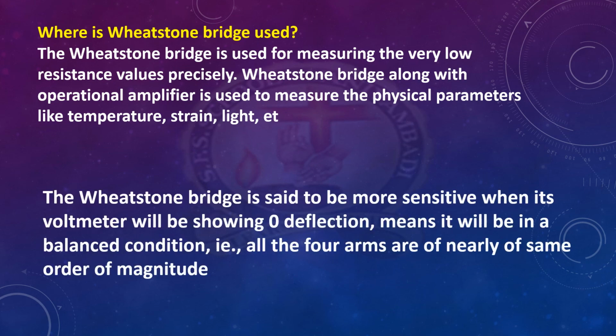So Wheatstone bridge is said to be more sensitive when its voltmeter shows a zero deflection, meaning it is a balanced condition. All the 4 arms are of nearly the same order of magnitude. So any deflection in your AC source also, the Wheatstone bridge will be securing your instrument.